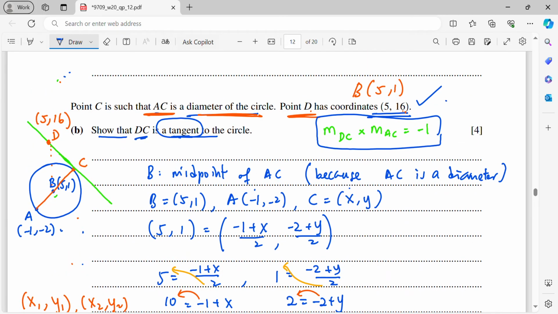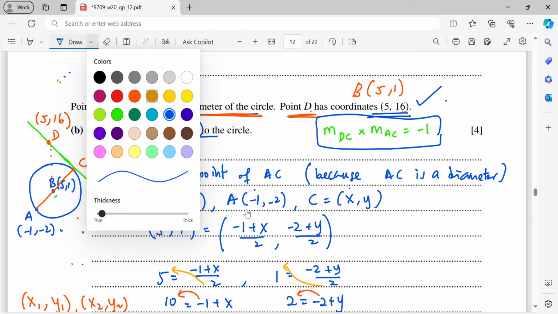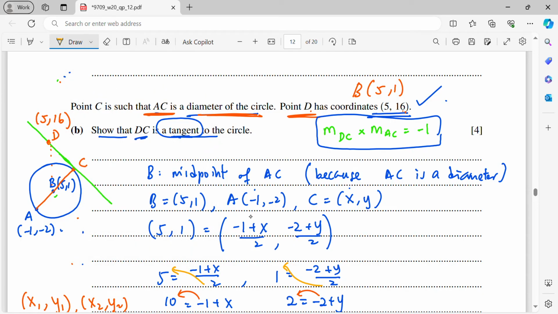So obviously I add one more tangent from the D, and it also touches.